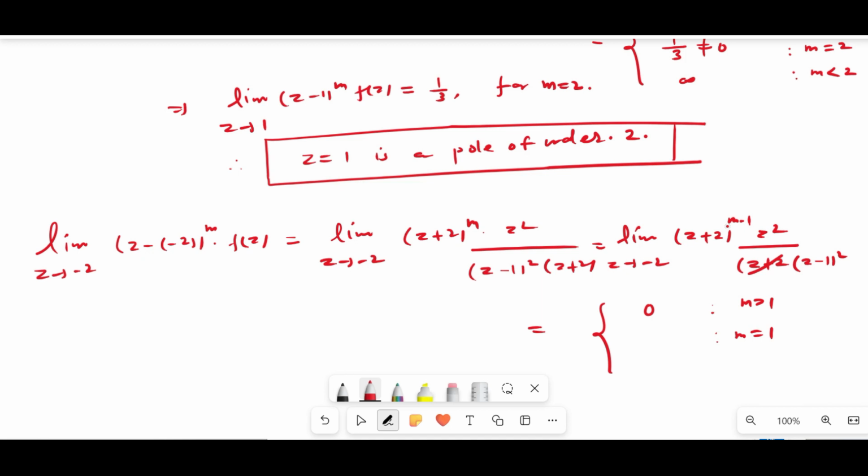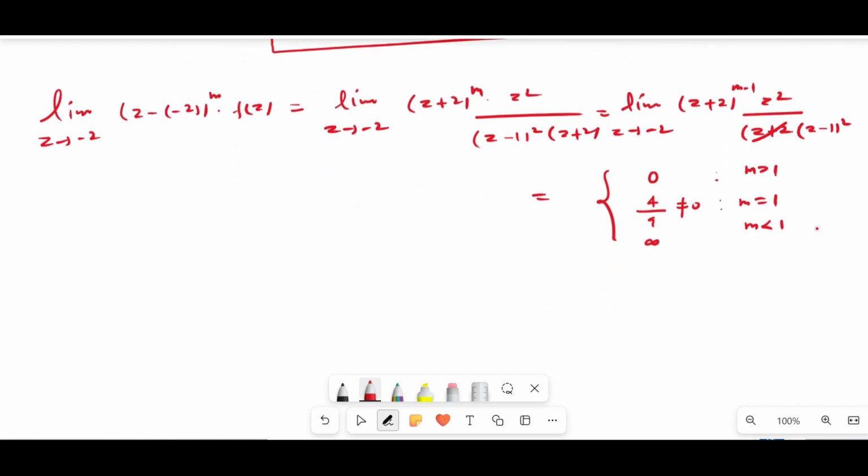then the limit will be 4 upon 9, which is non-zero. And if I take m less than 1, it is infinity.